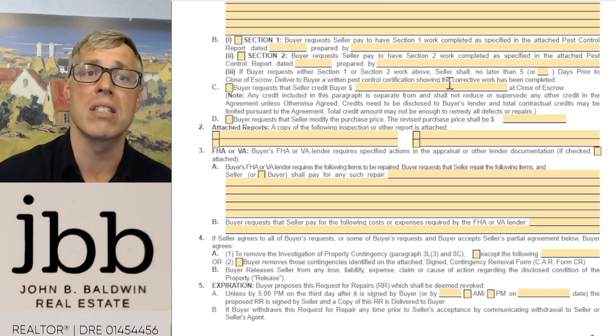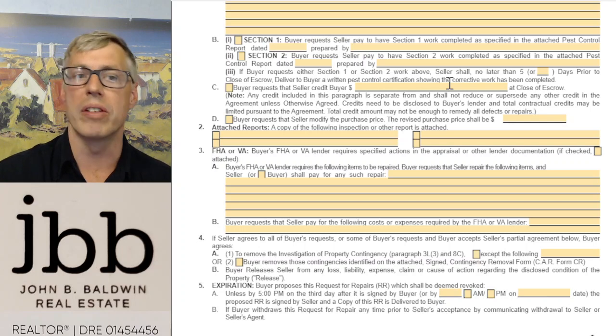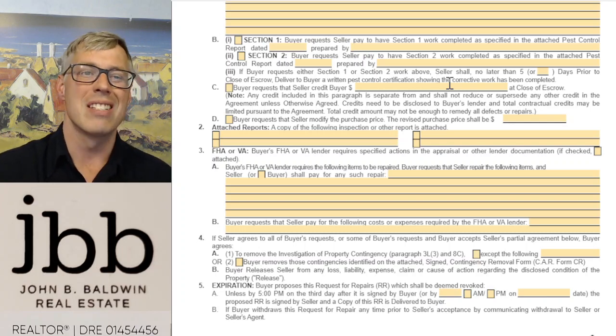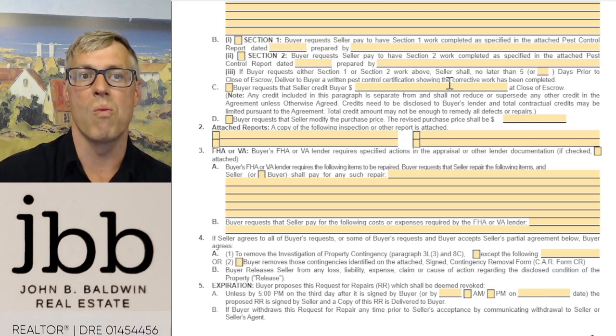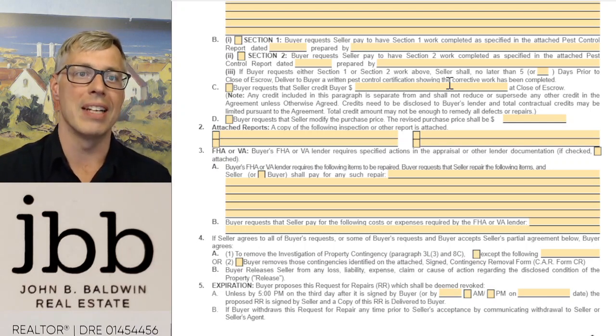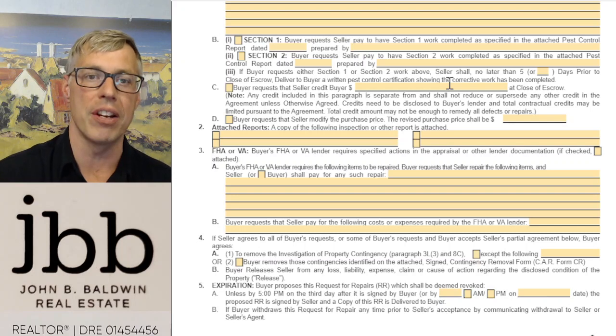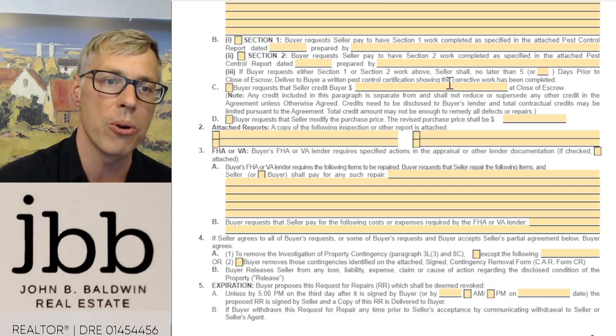And that's why I call it the second round of negotiations, not just a repair request. Because if it was just a repair request, sellers would be a little less willing to work with you. But that's why I love leverage. You've got to figure out what is your point of leverage, what is the motivation for the seller.